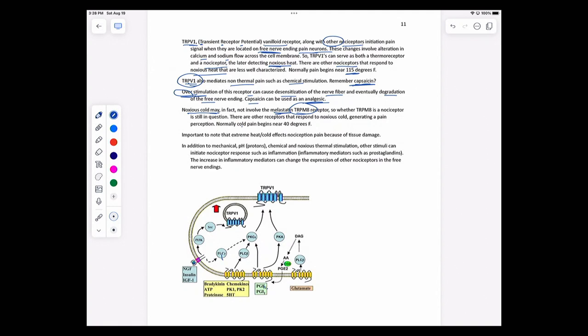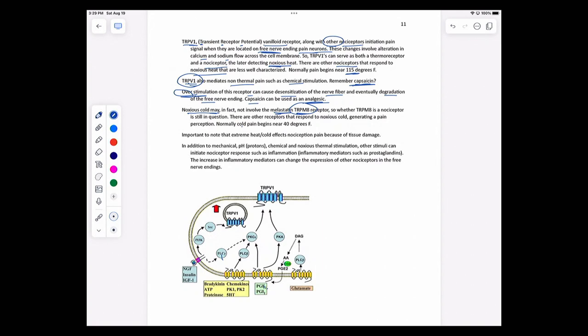What's different about the TRPM8 compared to the TRPV1 is that it is not thought that the TRPM8 is actually involved in nociception, pain. Again, it's a little unclear, but there doesn't seem to be a lot of evidence for that, so some people think not. Of course, some people think it may still be an open question. Don't know. So if you put your hand in a vat of water and the water is 35 degrees, it's going to feel cold, and if you leave it in there long enough, you're going to start having some pain.